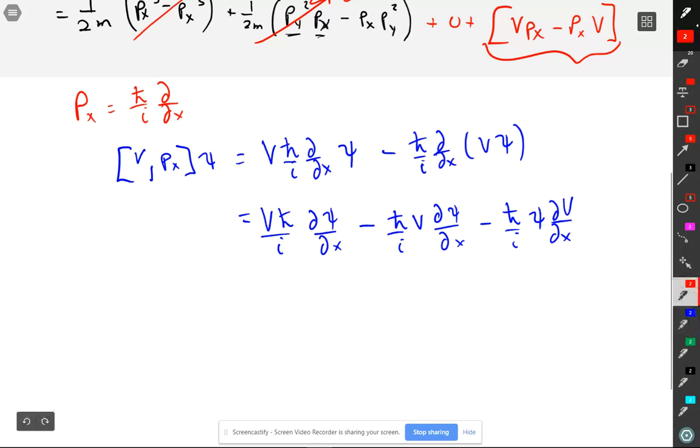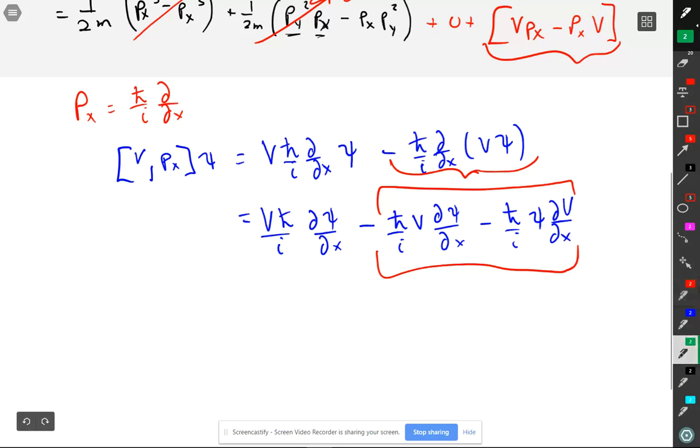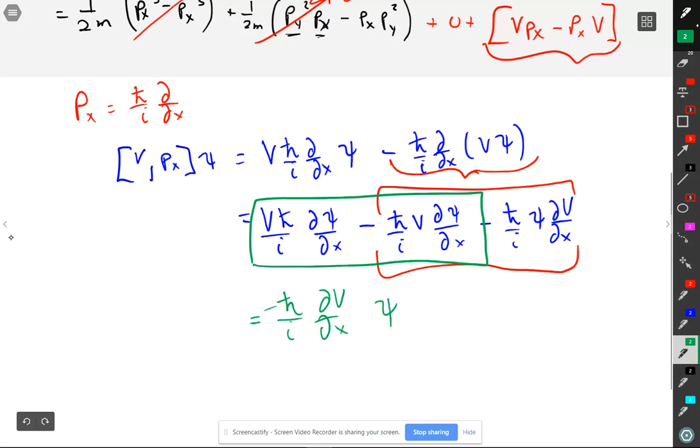So I did the product rule for these two here. But we can see that these two add to 0. So what I'm left with is this. Notice the parenthesis here.